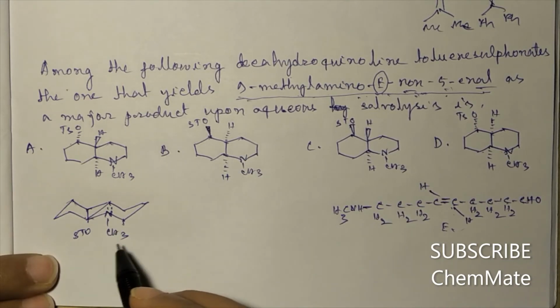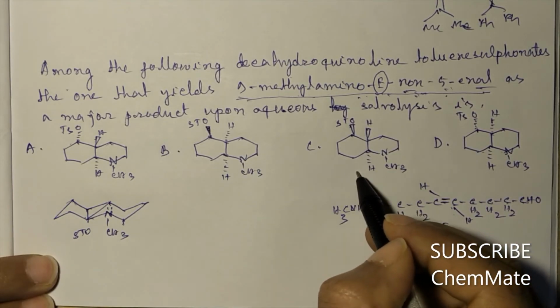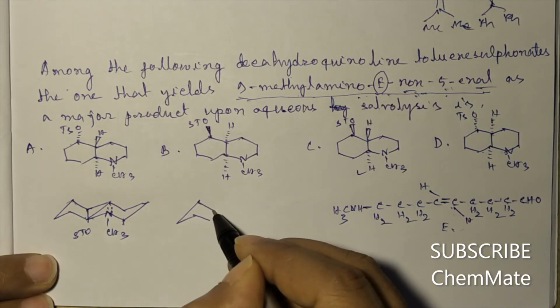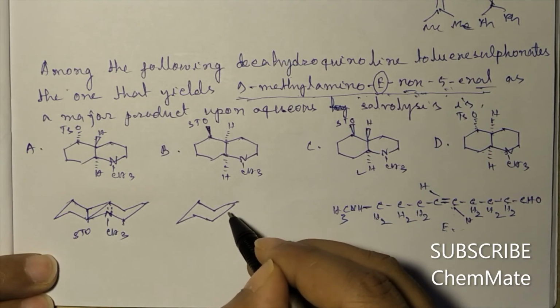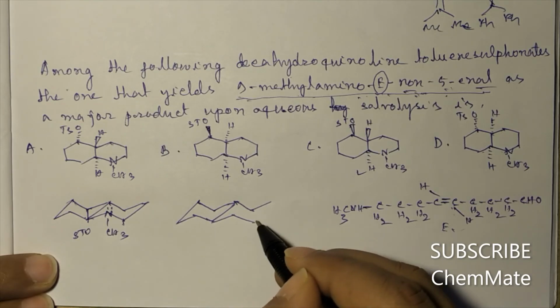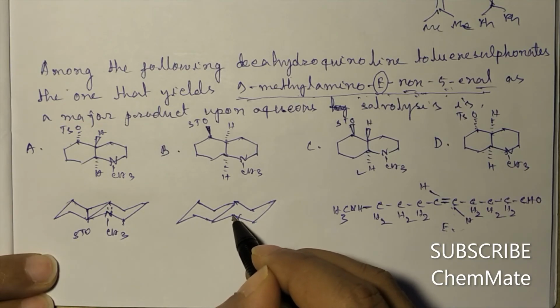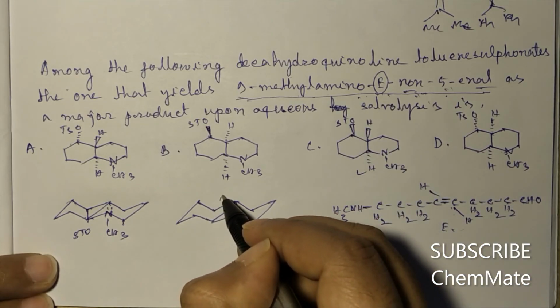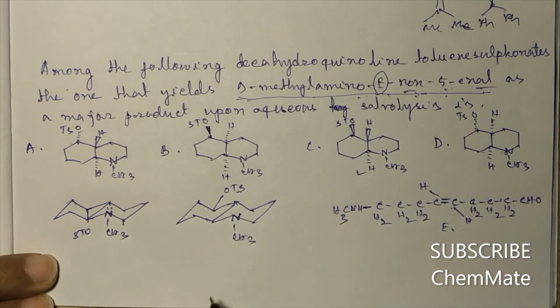And if we draw the other trans one, here nitrogen CH3, OTs group is above.